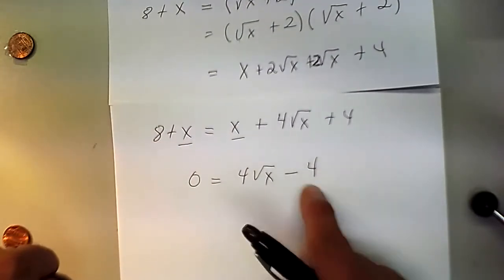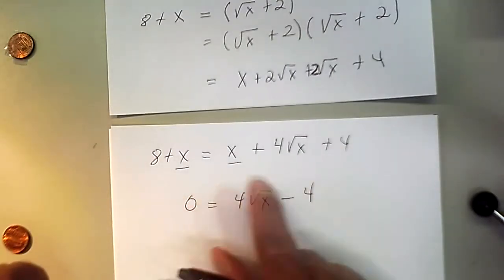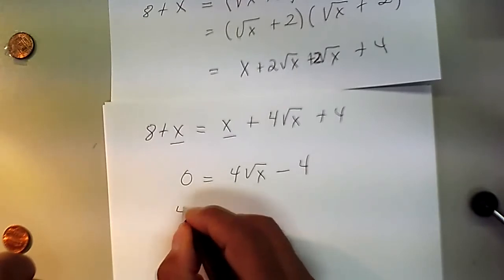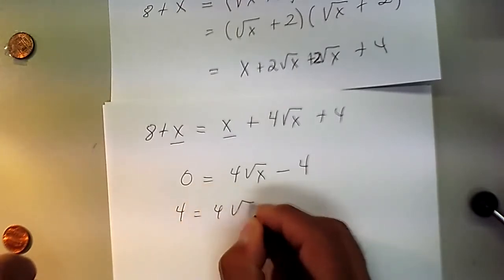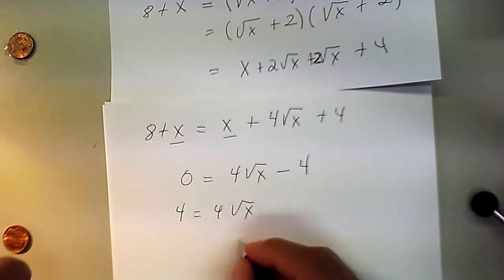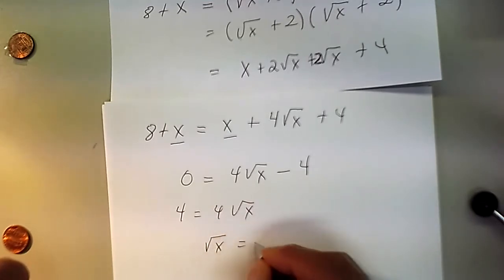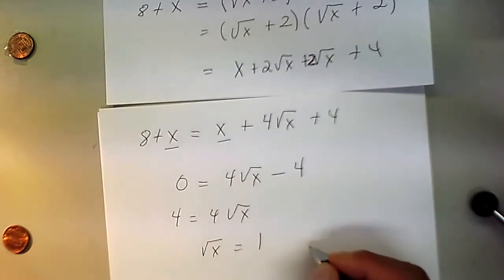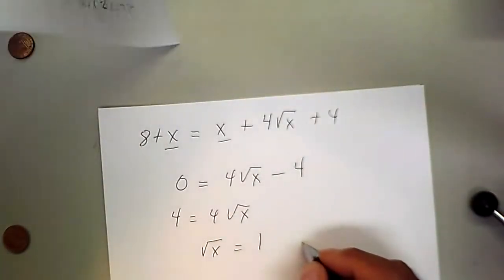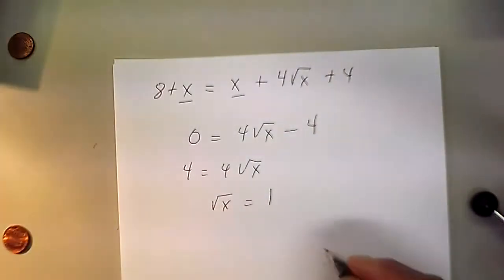We can add the 4 back into here. I guess we should have just subtracted 4, because I'm doing 2 steps to achieve the same goal of getting just 4 equals 4 times square root of x. And then we can divide by 4. So I'm going to put the square root of x on the other side. Square root of x equals 1. And so the square root of what number gives us 1? And of course, the answer is just 1.